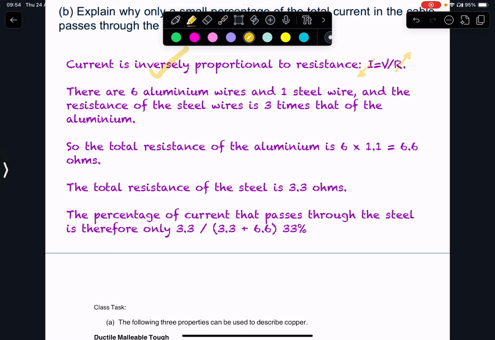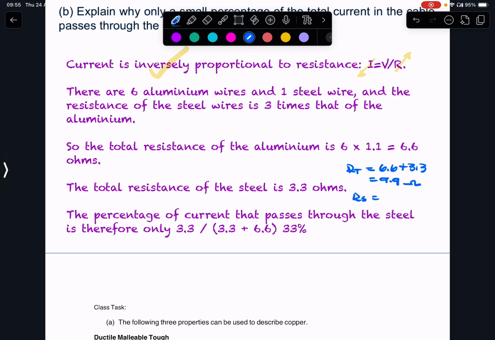So the percentage current that passes through the steel, so the total resistance is 6.6 plus 3.3, which is 9.9. Okay, so that's the resistance in total.